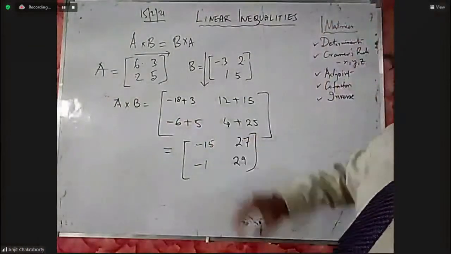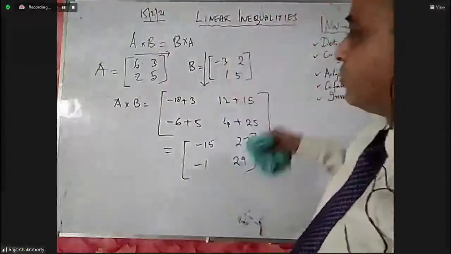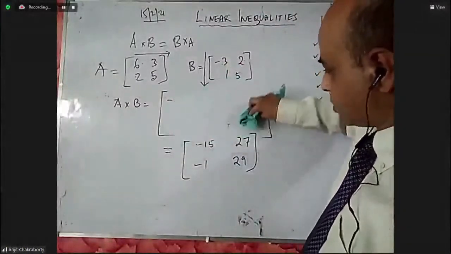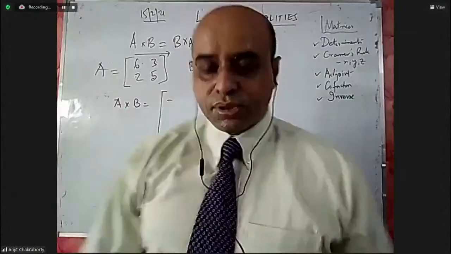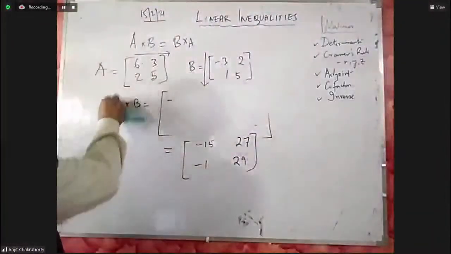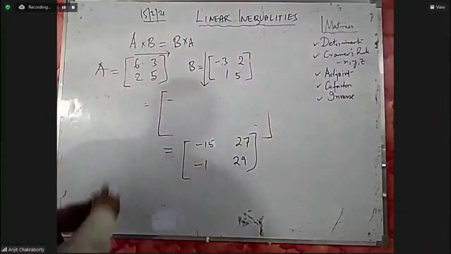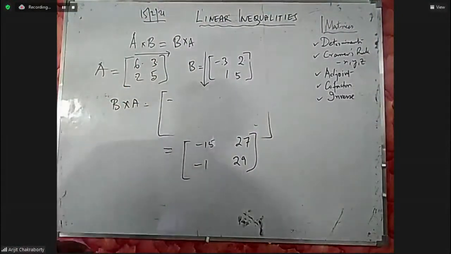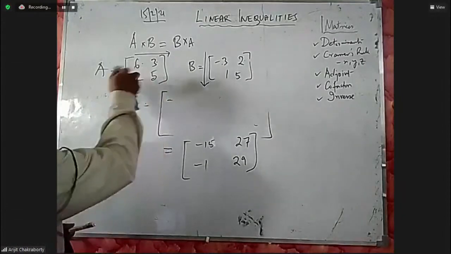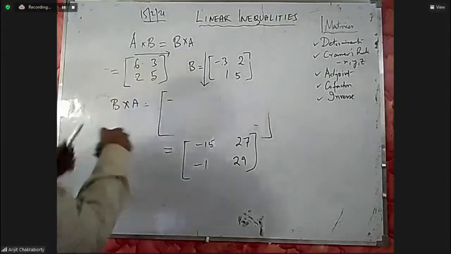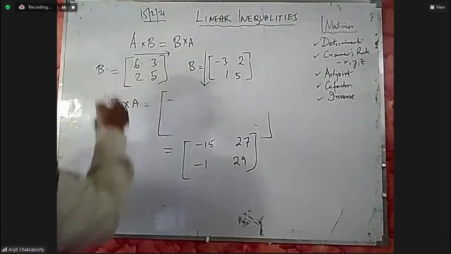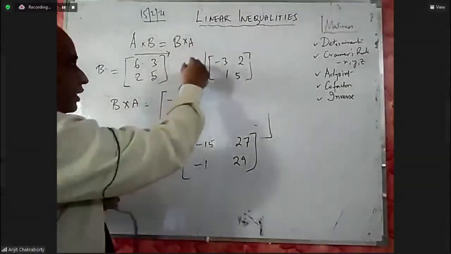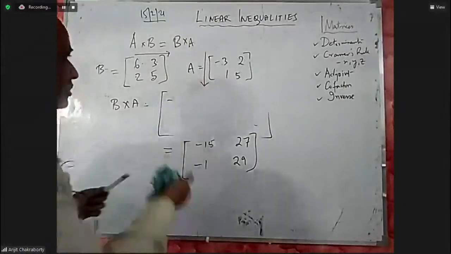Now, I will keep the answer here as it is, but we will do B into A. Okay, we will do B into A. So I will just rub out some parts and just write B into A. Instead of A here, I will write B. And instead of B here, I will put A. And of course, I will change the values.